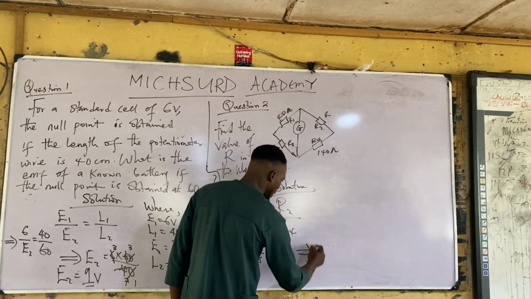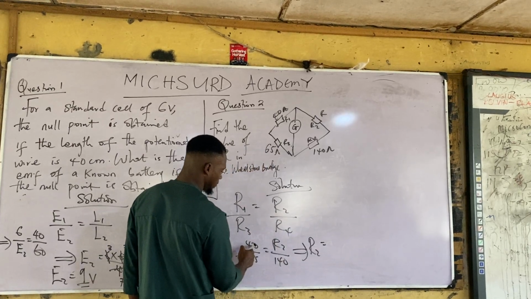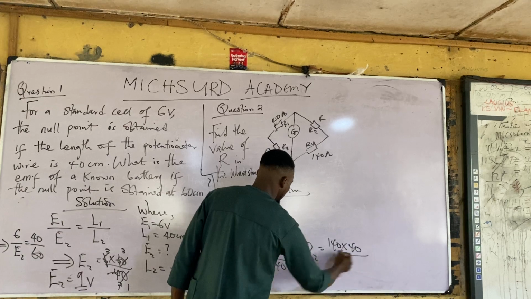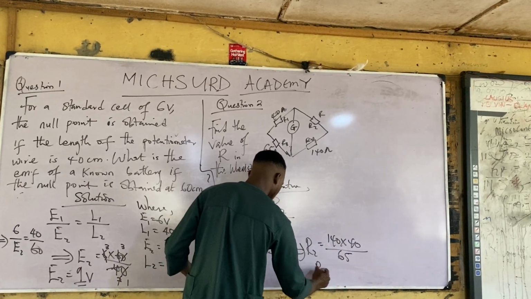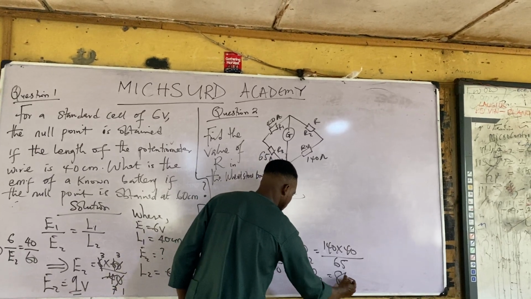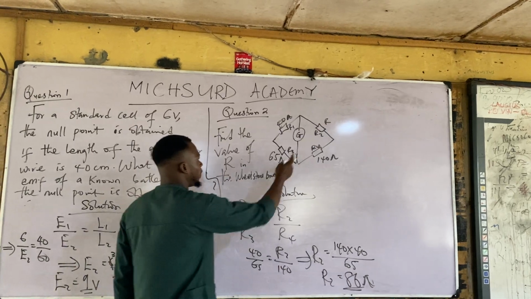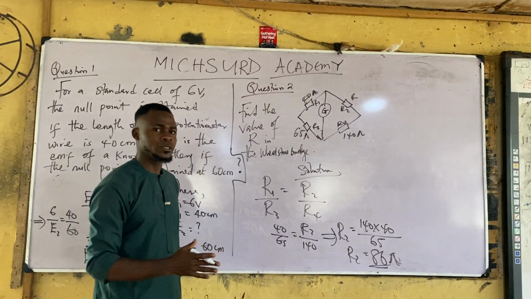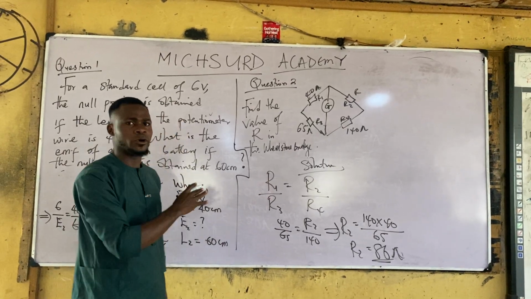So that implies that R2 is equal to 140, we multiply with 40, you have 140 times 40 all over 65. So if you punch that in your calculator, you are going to have 86 ohms. So that means our R2 value is 86 ohms.